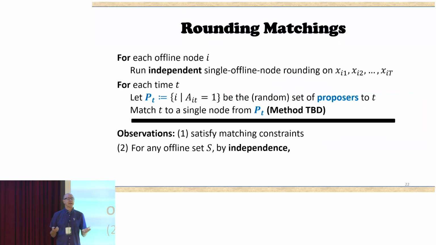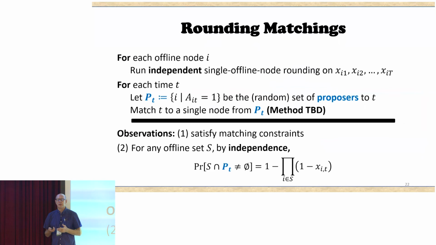The second observation is that if we look at any subset S of offline vertices, then by independence, each one of them is running the single offline vertex procedure independently. So the probability that the intersection between S and P_t is not empty is equal to 1 minus the product of 1 minus x_it.